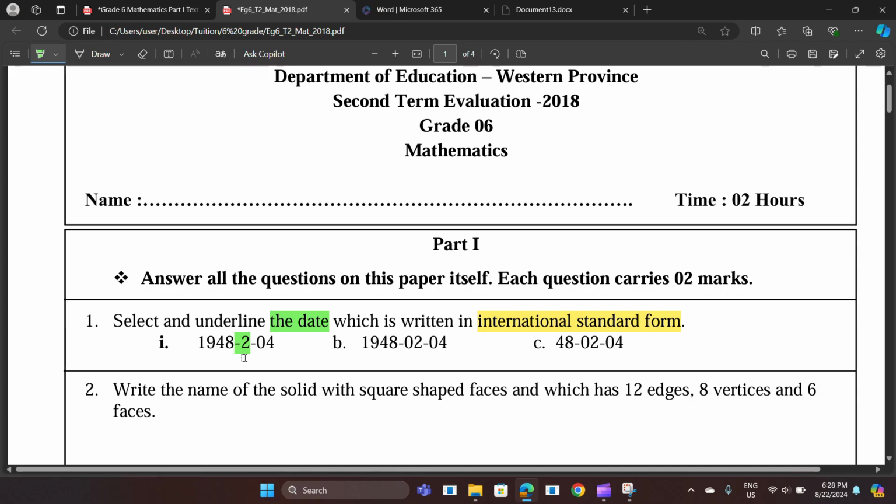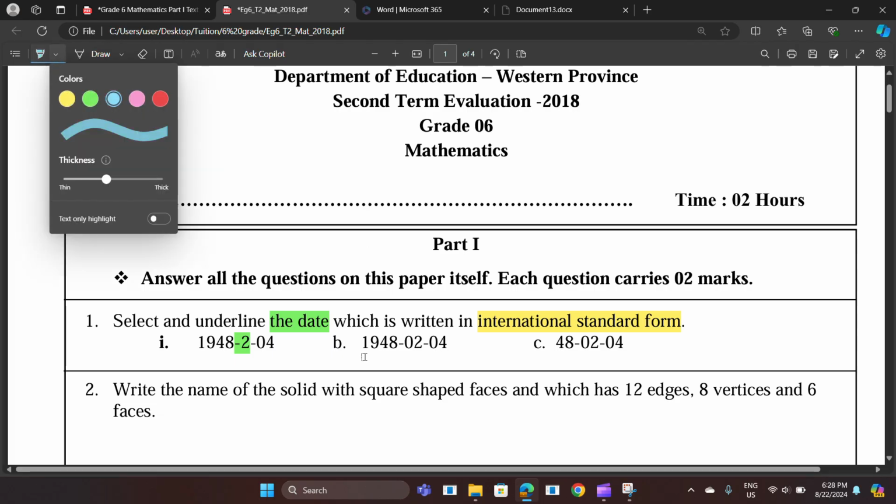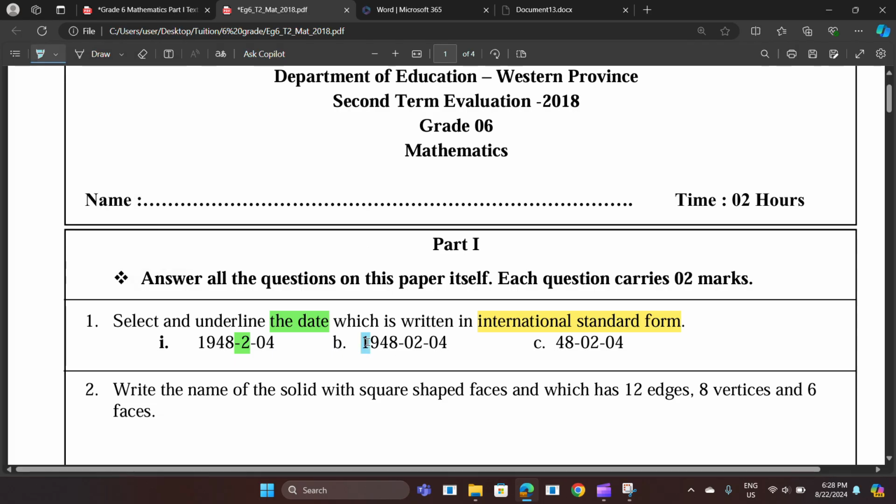You have to represent this in 2 digits. There is only one. Okay. Let's move to next answer. Okay, the year is represented in correct form with 4 digits, and the month is also correct, and the date is also correct. So we can see that this is our correct answer.